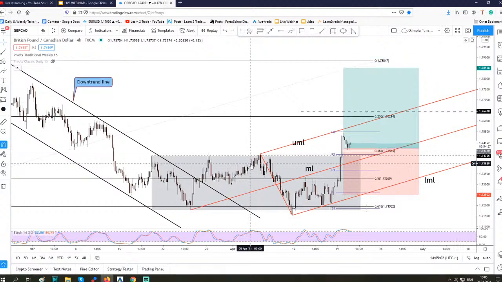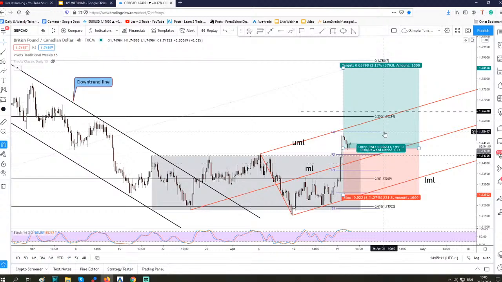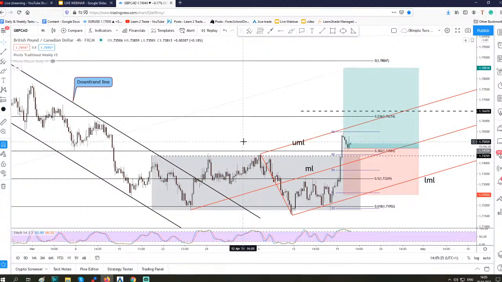And personally I believe that a valid breakout here above the R3, above this weekly resistance 1.7549, a new higher high will really confirm further growth towards our target. Also a valid breakout here above this upper medium line will signal that the pair will continue higher, so we'll keep this position open.